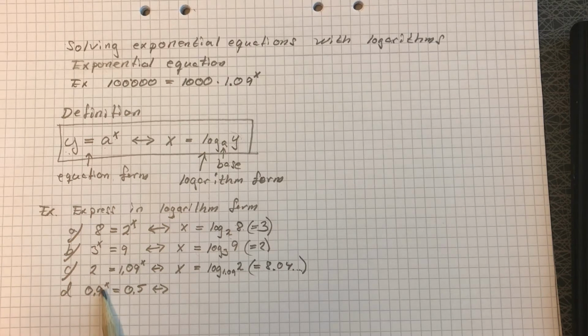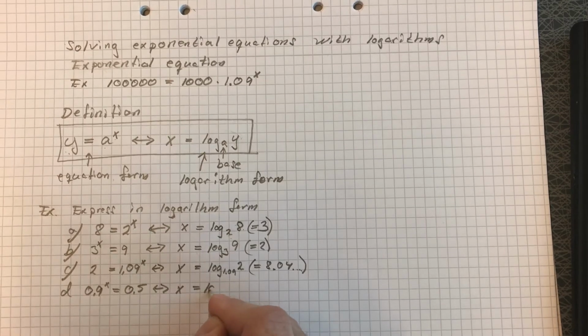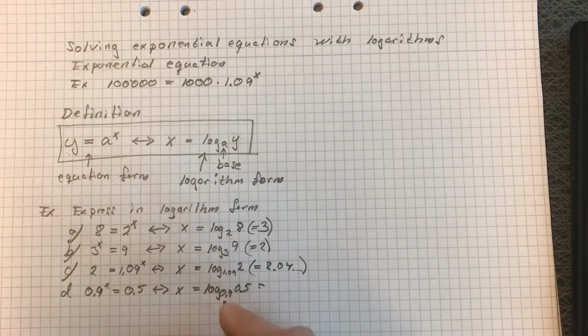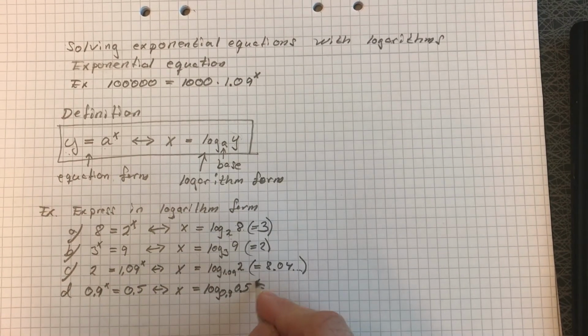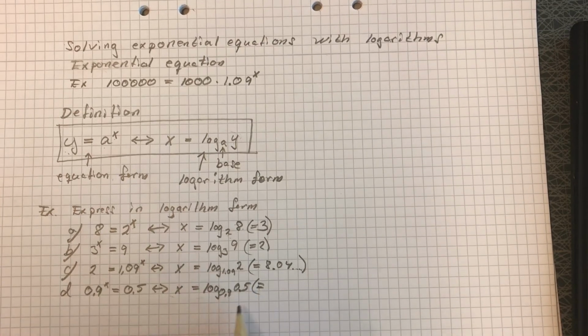How long do you have to wait before you just have 50% left? So x is equal to the logarithm of 0.5 with the base 0.9. That's how you can pronounce this. This is the logarithm form. But we can use our calculator to find out.